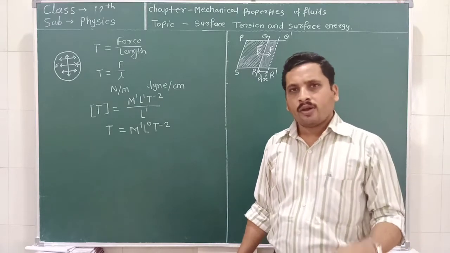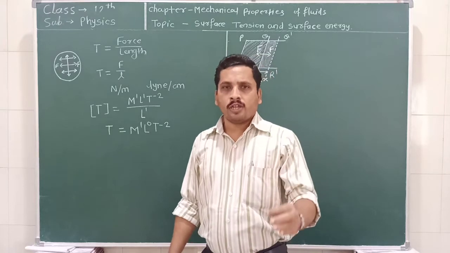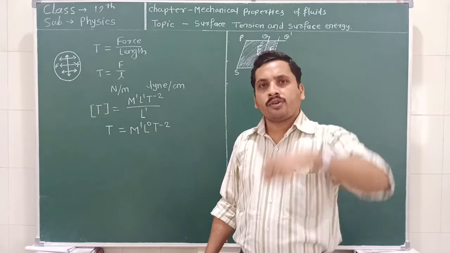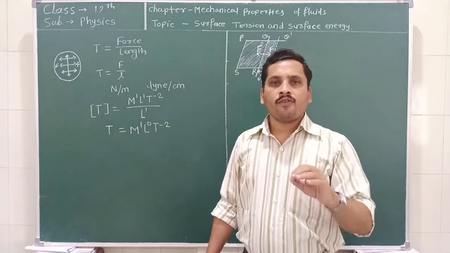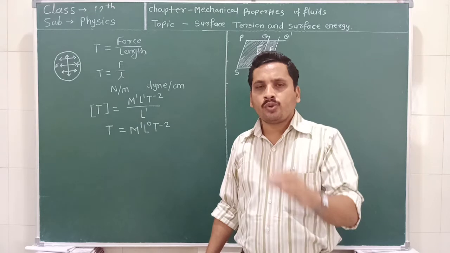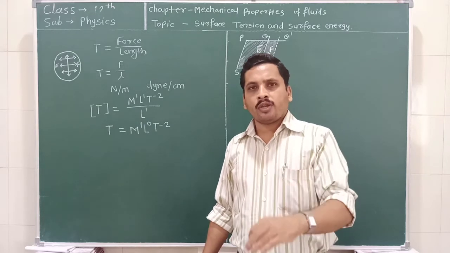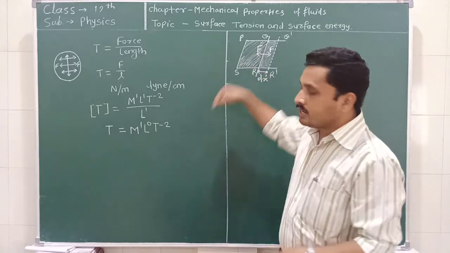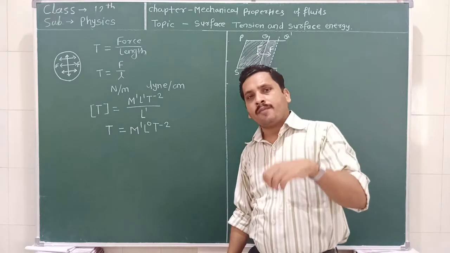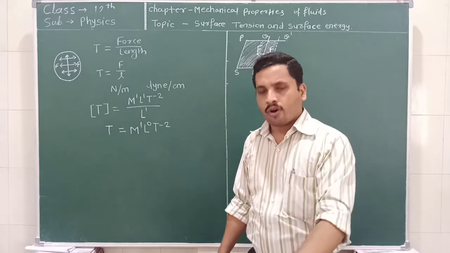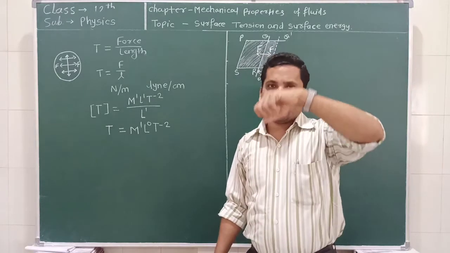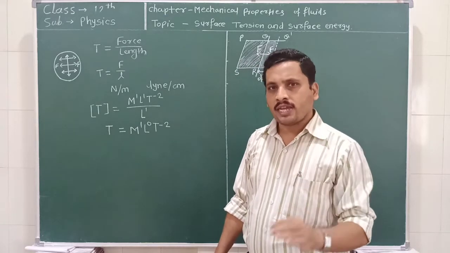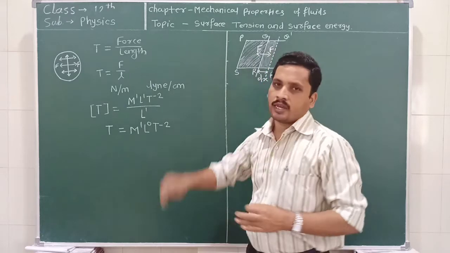Now, if we need to bring a molecule from the bottom of the liquid to the surface of the liquid, we need to do some work, because the cohesive forces are acting in a downward direction, but we bring the molecule in the upward direction. So we need some work to be done. Such work, such energy, is called the surface energy.